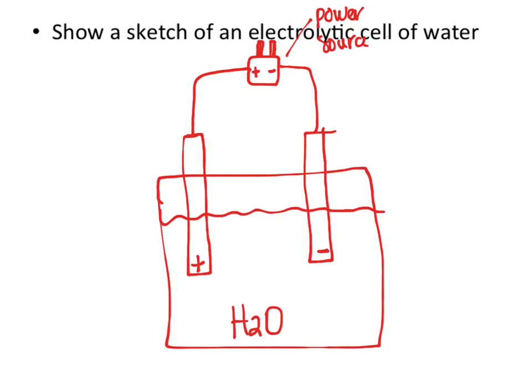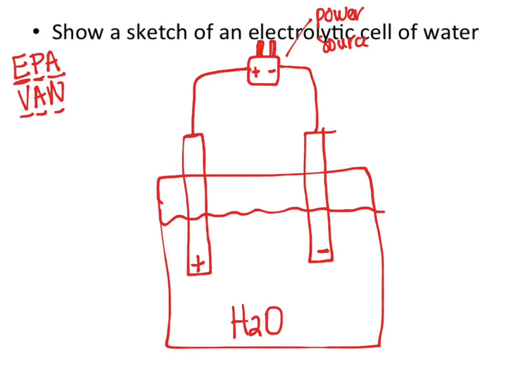Except this time, we're going to use EPA van. So voltaic, anode is negative. Electrolytic, positive is your anode. So that's the only thing that's different here, what is positive and what is negative.